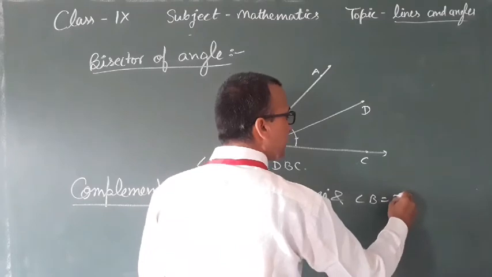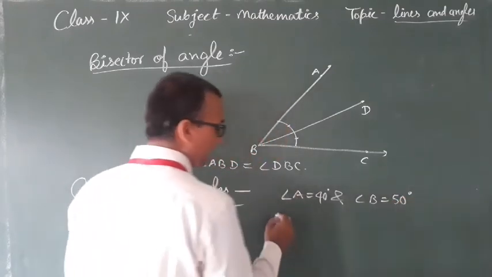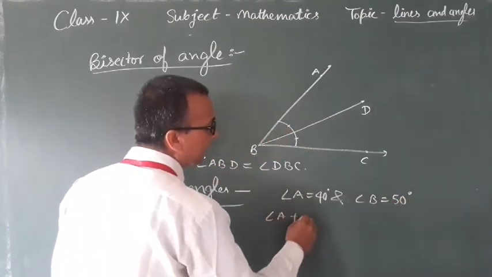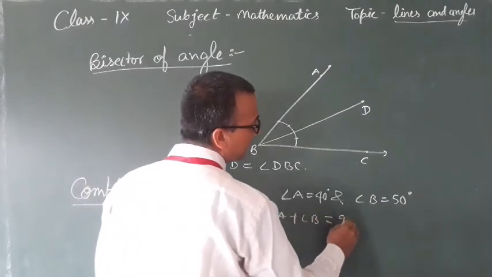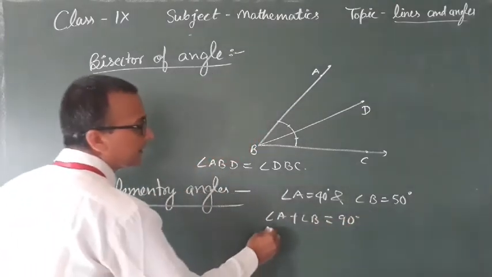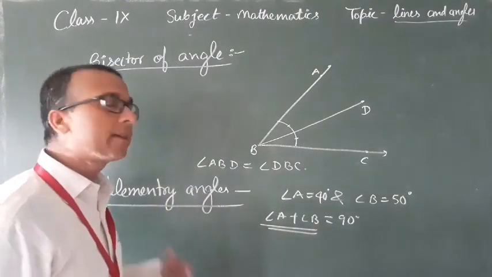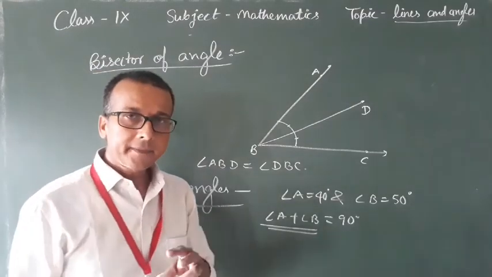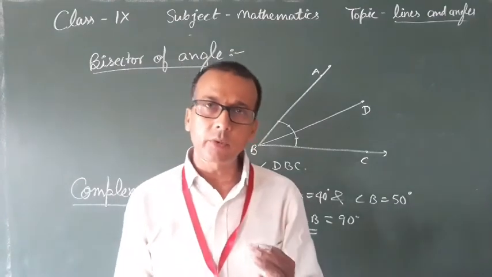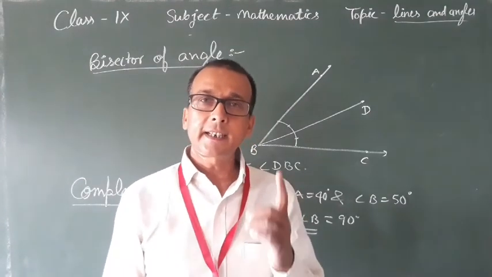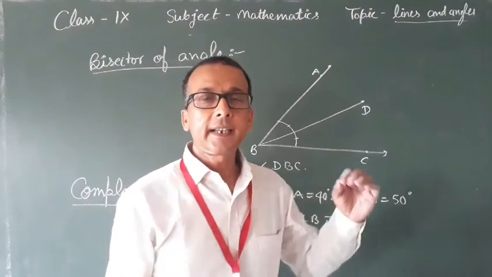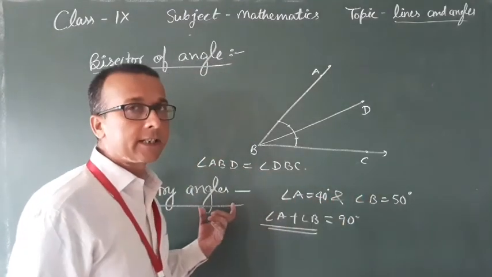That of B is 50 degrees. If the sum of angle A and angle B is equal to 90 degrees, then these angles together are called complementary angles. If the sum of any two angles is 90 degrees, then they are called complementary angles.